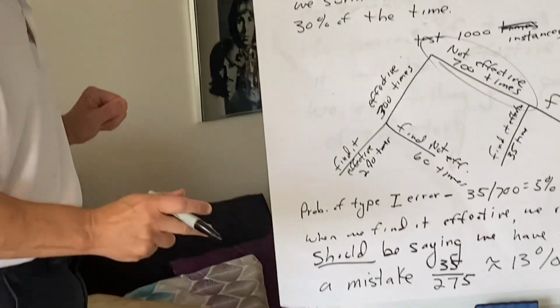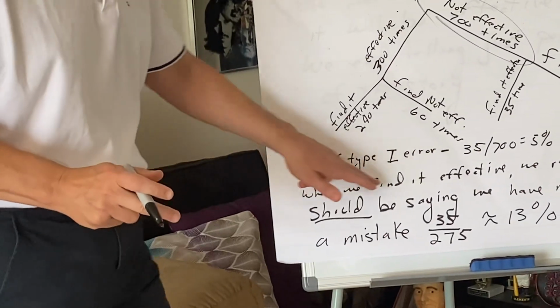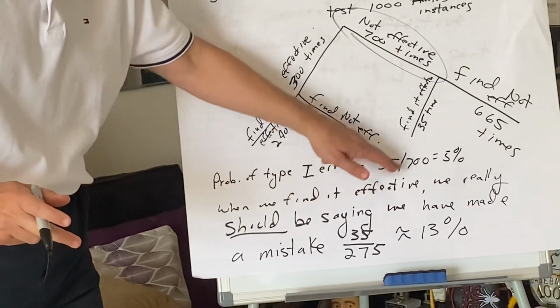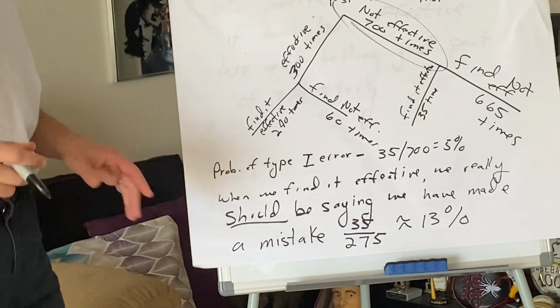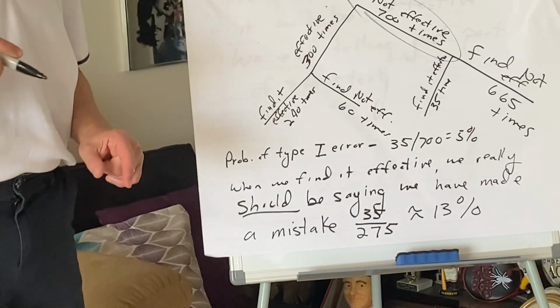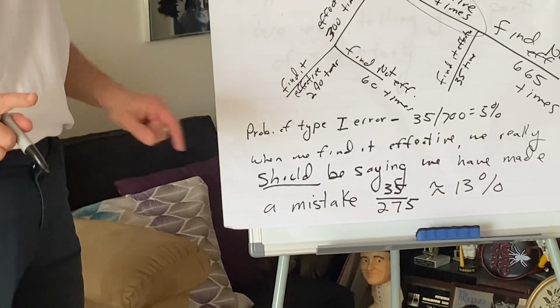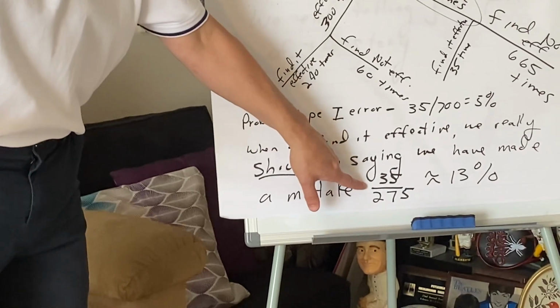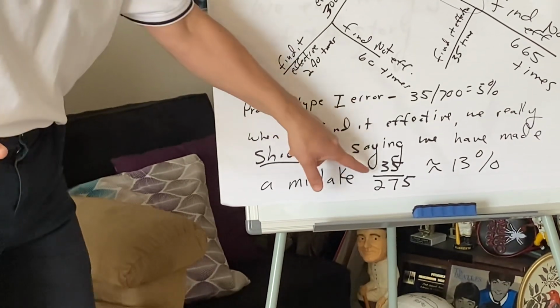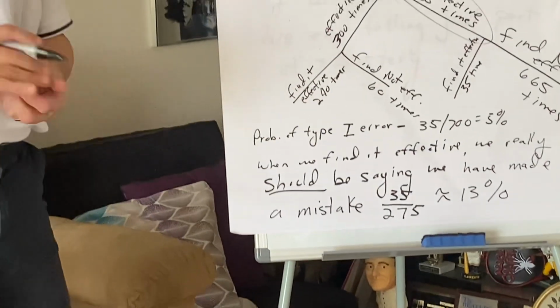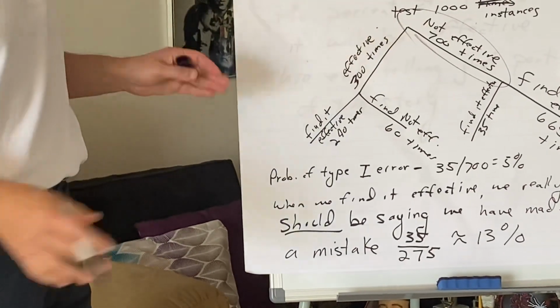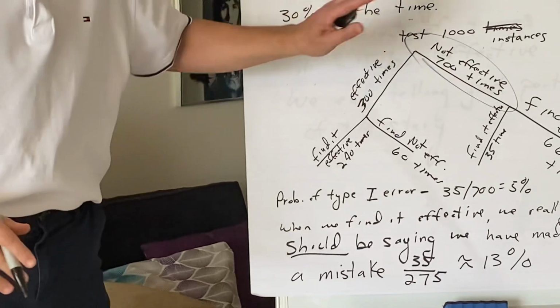Here's the problem. When we find it effective, we really should be saying something to the effect of, we made a mistake this many times. Where do I get this? Because when we find it effective, the denominator is no longer 1,000 or even 700.